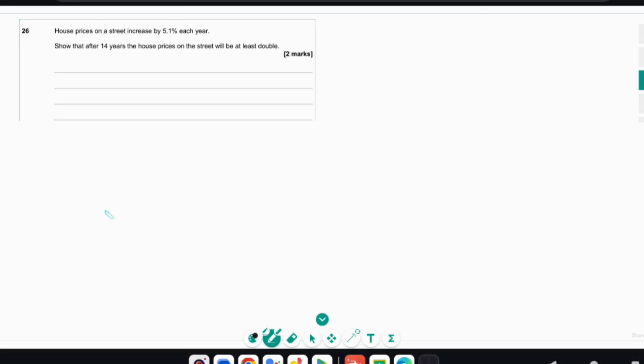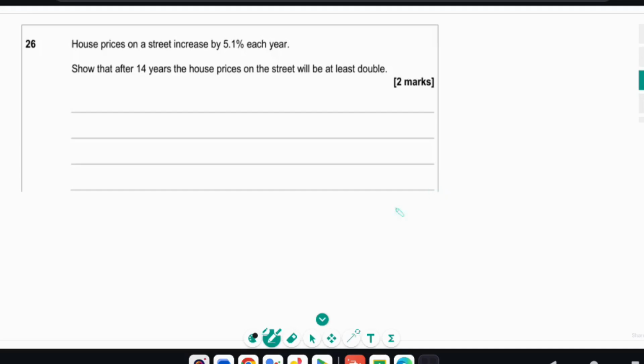House prices on a street increased by 5.1% per each year. Show after 14 years, the house prices on the street will be at least double. Okay, so you need to think about this as a multiplier.